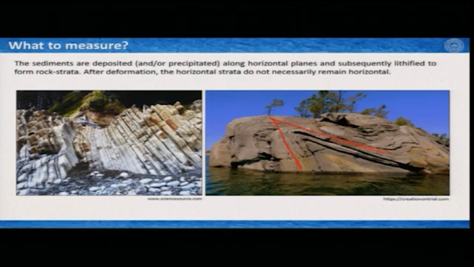Two planes, when they intersect, they produce a line, and this line also should have some sort of orientation. And this orientation we will learn later is known as fold axis, and this we can plot as well. So all these kinds of geometric dispositions of deformed rocks allow us to measure and plot them differently in the map, and this is what we are going to learn now.